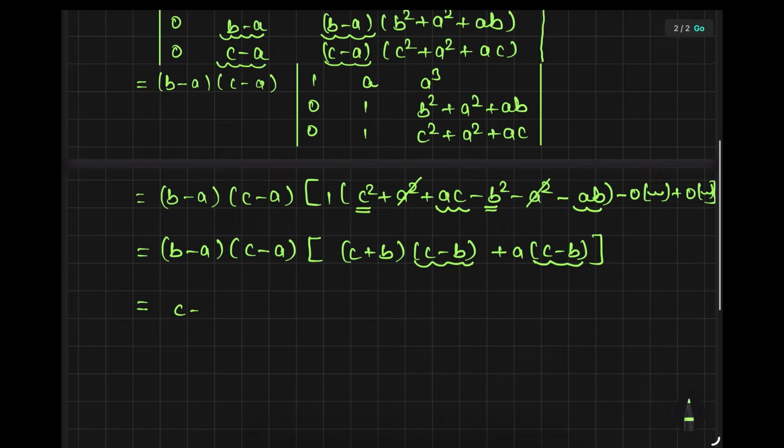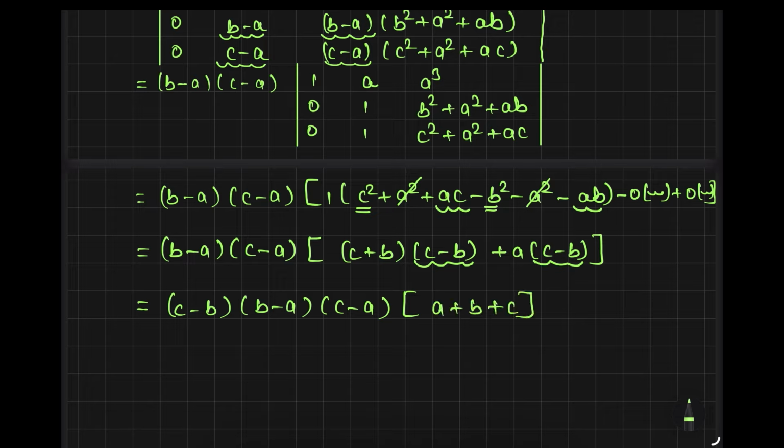So c minus b common, b minus a, c minus a, and then we have a plus b plus c. Now write down this thing in an organized way. You know that if I give you three things a, b, c and you wish to write something in order, you will go with a minus b, not b minus a, b minus c, not c minus b, c minus a, this is okay.